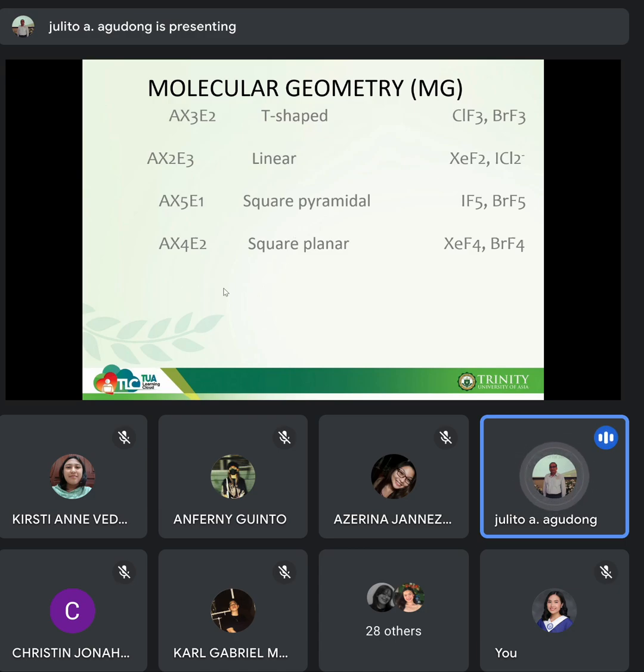Of course, the one that has the non-bonding pair must be one of the 2 axial position electron domains. And the other 5 would be in your equatorial positions, which contain bonding pairs. You get your square pyramidal.